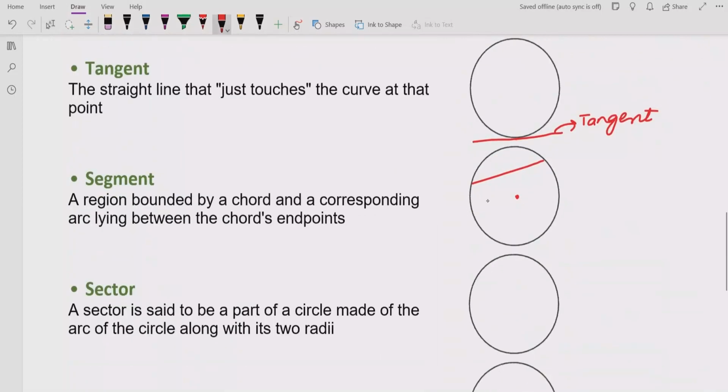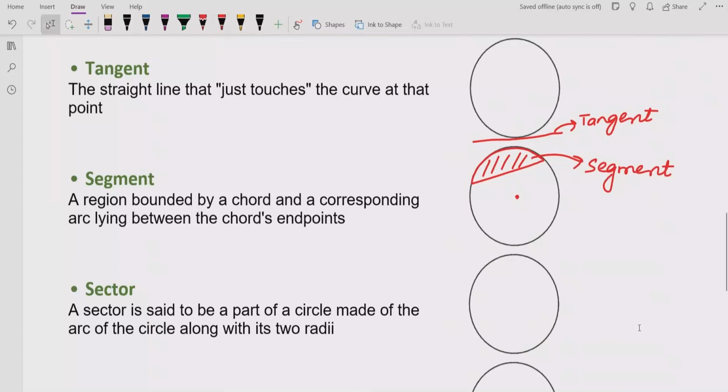This is the chord, and the region behind it, along with the corresponding arc, like this one is the arc of this circle, is called the segment. Now this one is the segment.